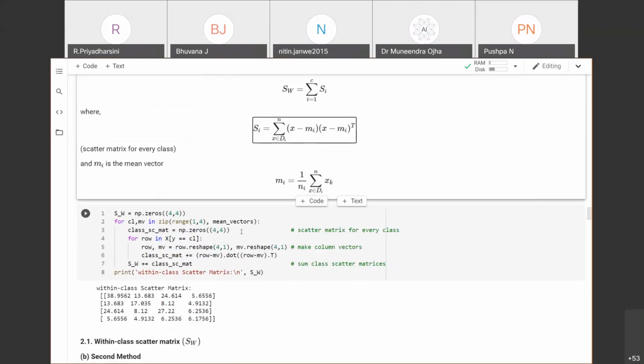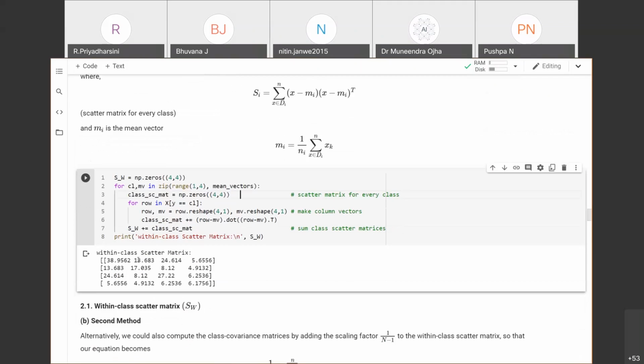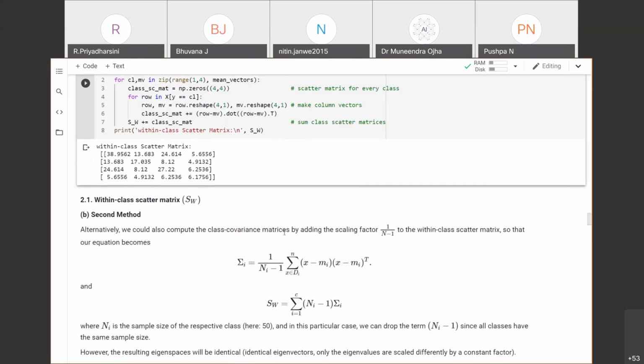The code for it is given here. We compute the class, and for the within class scatter matrix we get this scatter matrix. The other method is in which we could also compute the class covariance matrices by adding the scaling factor of 1 over n minus 1 to the within class scatter matrix, so that our equation becomes 1 upon n minus 1, and this is the formula for Si.